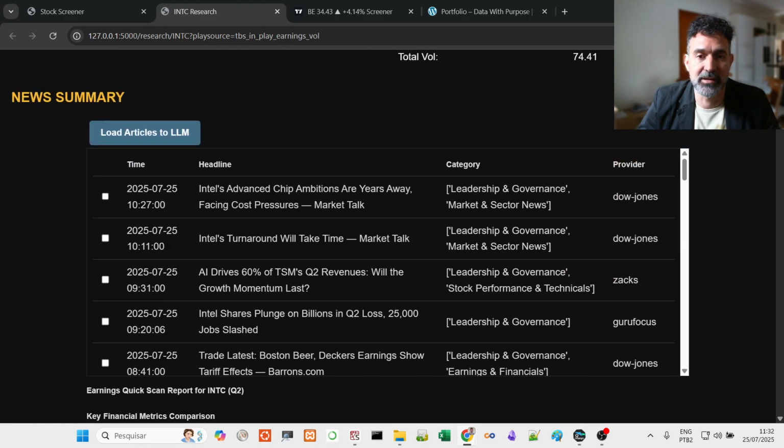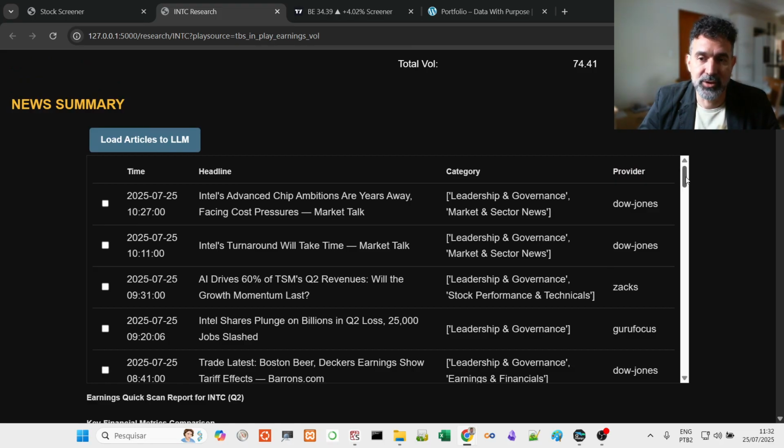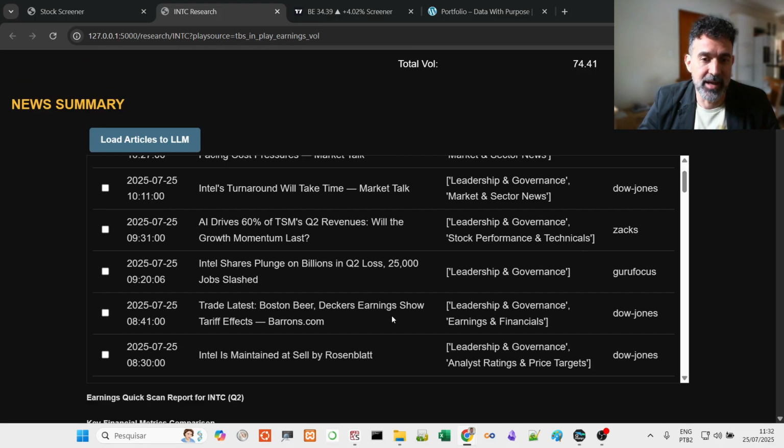Right here, I created a way to check the headlines. You can check through the headlines and select some of them for a large language model to summarize information.